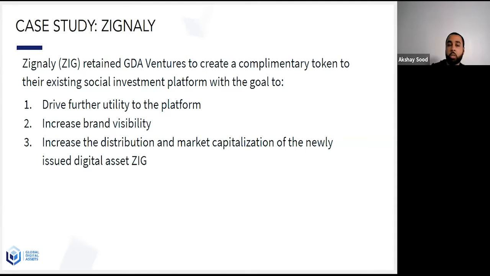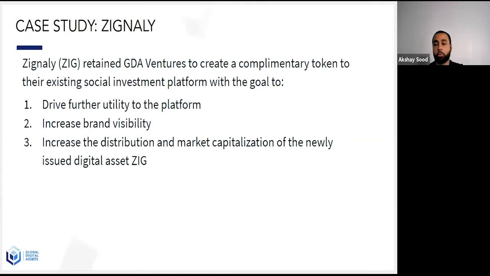So this is a project that we worked on, you can Google it. The company was called Zignally, and they came to us with a social trading platform. They had a fully functional platform that allowed an individual to conduct social trades, or copy trades.